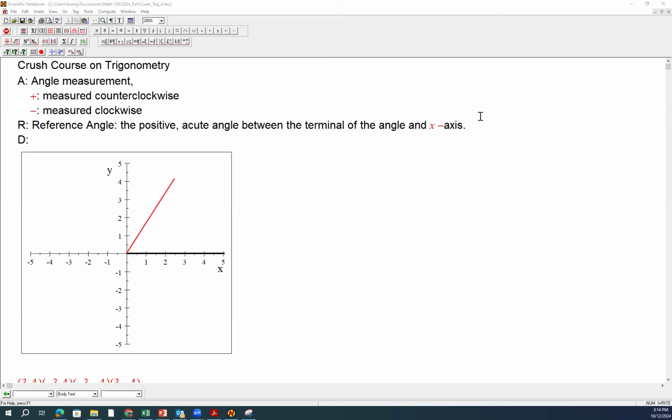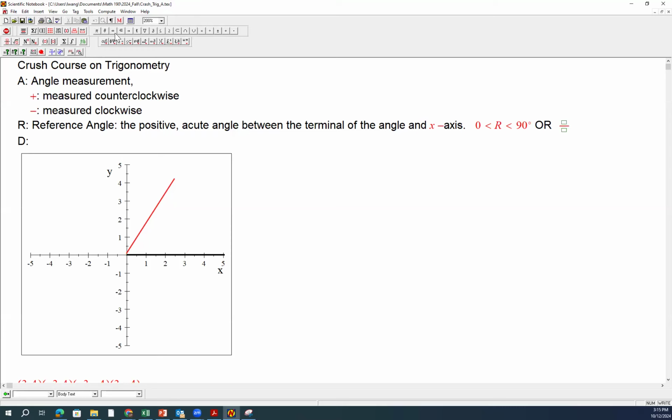Okay, so let me write it down. This angle, I will call it reference angle R. It needs to be positive. Positive means larger than 0. And acute is smaller than 90 degrees, or pi over 2.